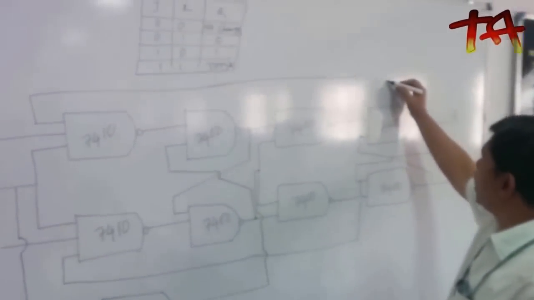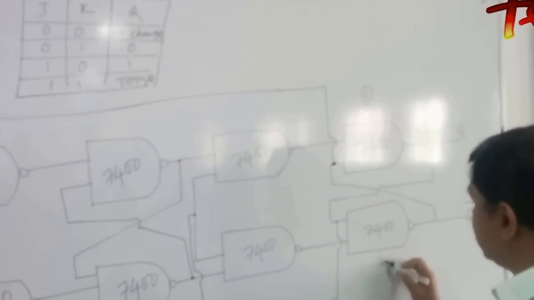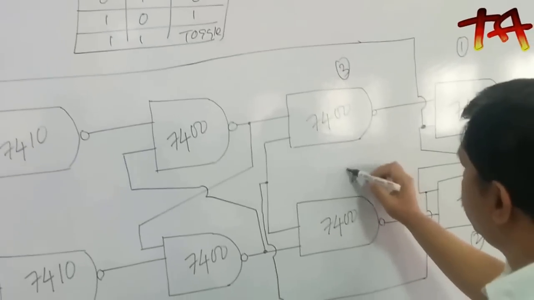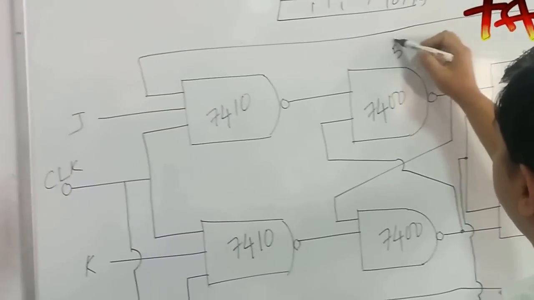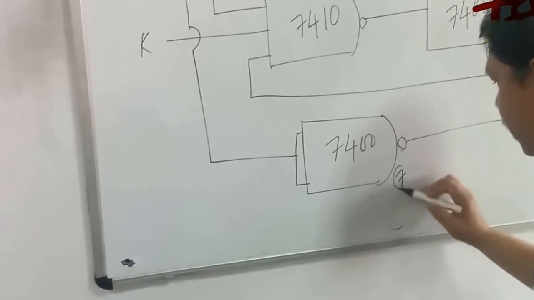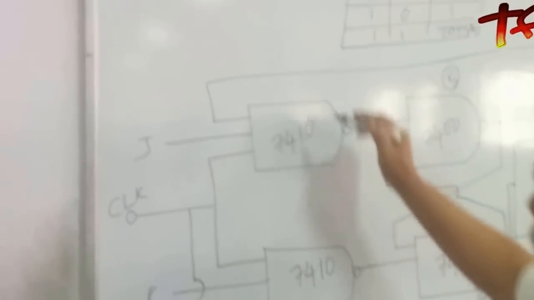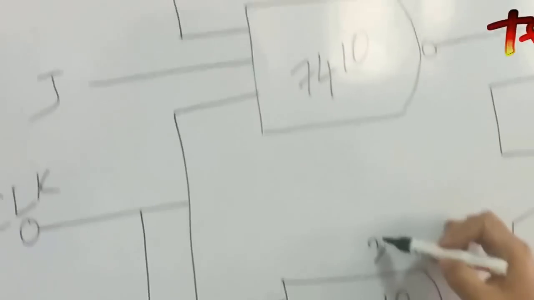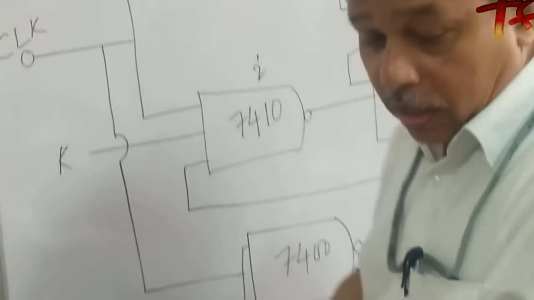We take this as gate number 1, this gate number 2, gate number 3, gate number 4, gate number 5, gate number 6, and gate number 7. And these are of different type. Therefore, I take this as gate number 1 dash, and this gate number 2 dash.